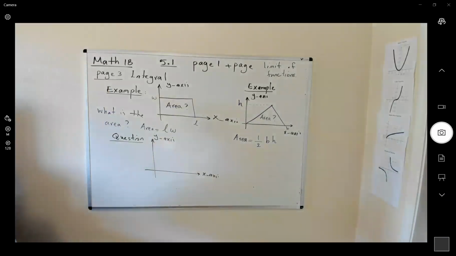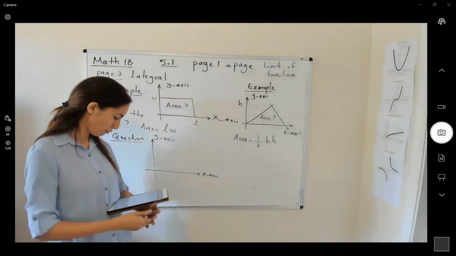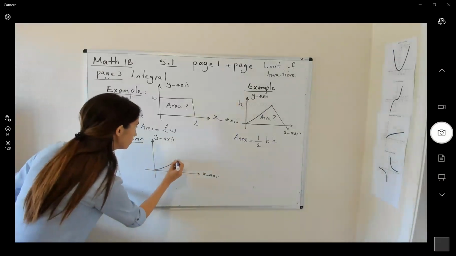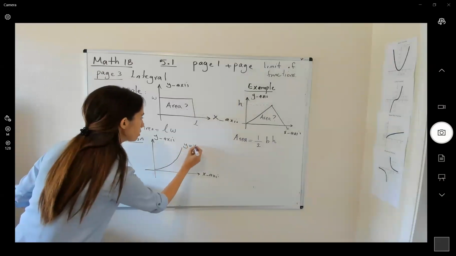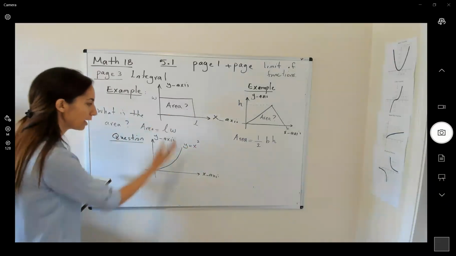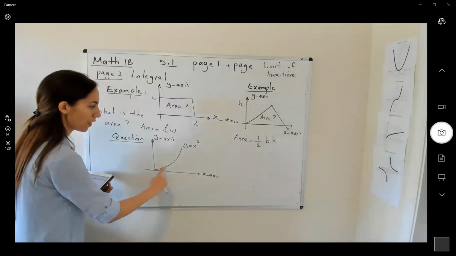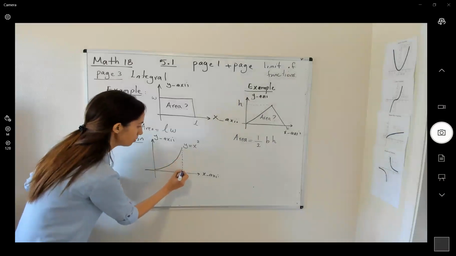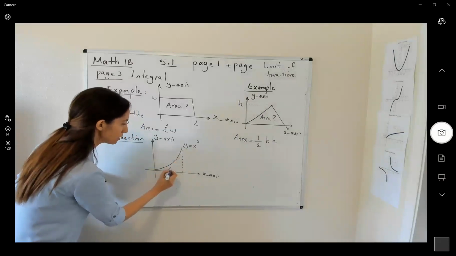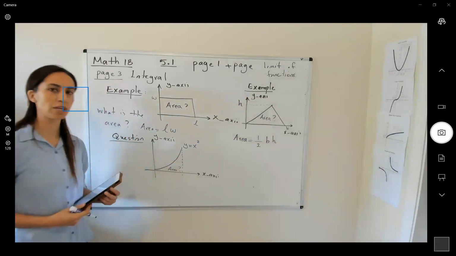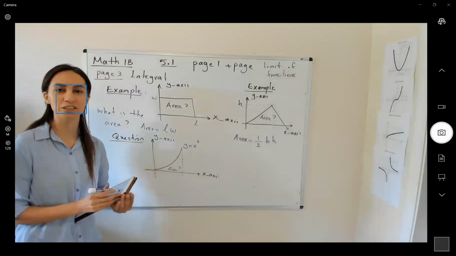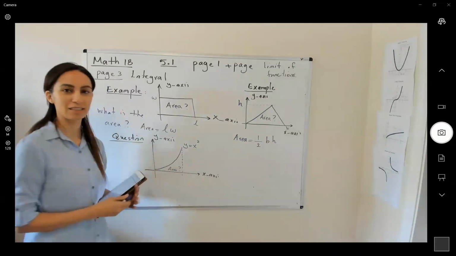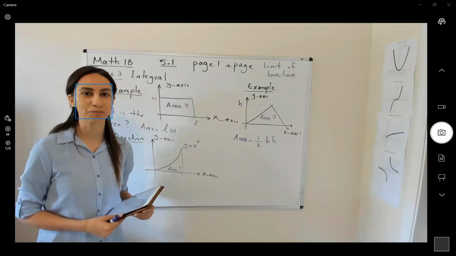I want to have my function y equals x squared, and I want to find the area between this function and the x-axis, and suppose it stops here. So what is this area? How to calculate this shaded region below y equals x squared and the x-axis? How do I calculate that?